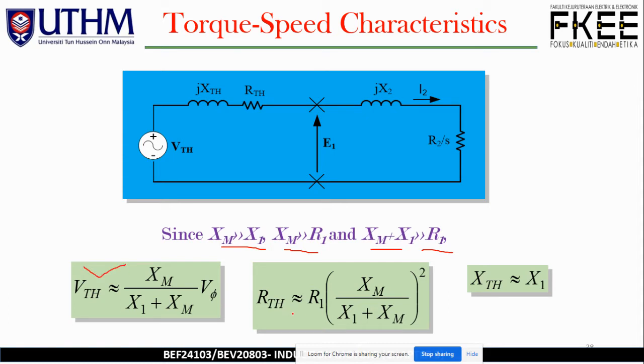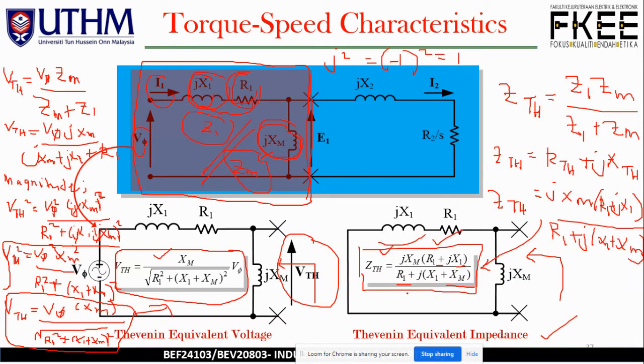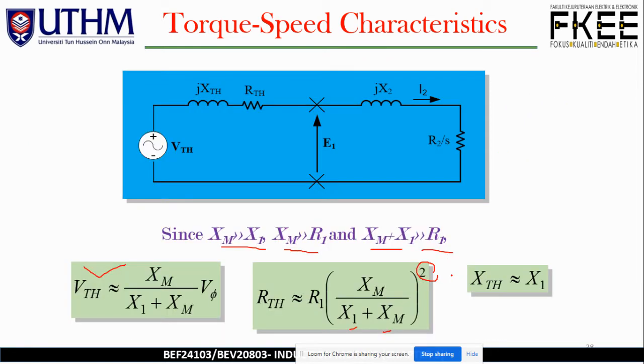Now we come to RTH. This is approximately equal to R1 times (XM over (X1 plus XM)) squared. We can derive this from the previous equation in the previous slide. And then XTH is approximately equal to X1. Alright, so this is again the equivalent circuit of the Thevenin voltage plus Thevenin impedance.